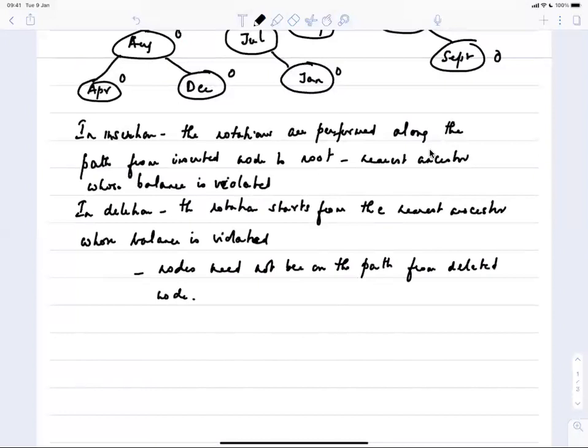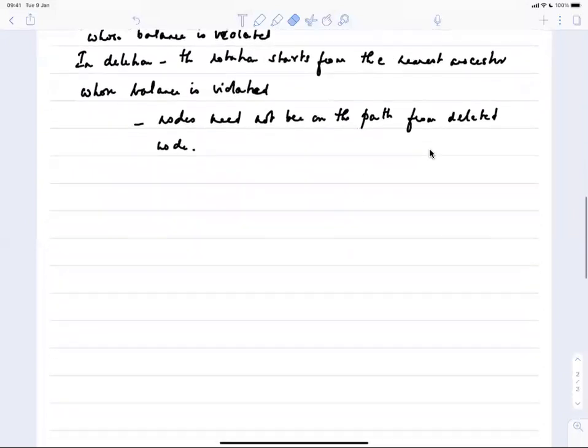Okay, what I'm going to do is let us generalize this. So let's do the generalization, and we'll see what the differences are between insertion and deletion. Okay.